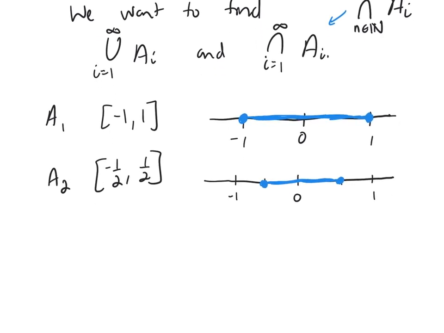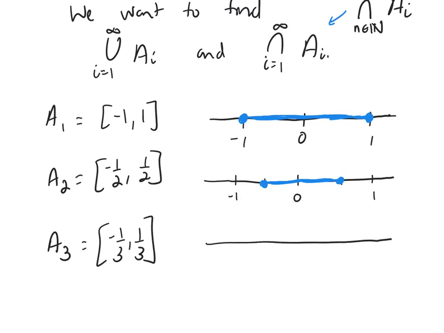Let's do A3. A3 corresponds to the interval -1/3 to 1/3. So again, draw your number line and make sure you're lining up all your numbers with your previous diagrams. So here, maybe -1/3 would be from there to there. So there's my number line.